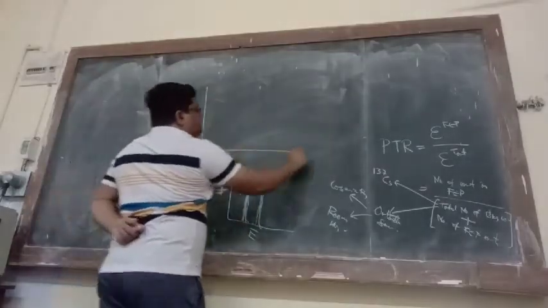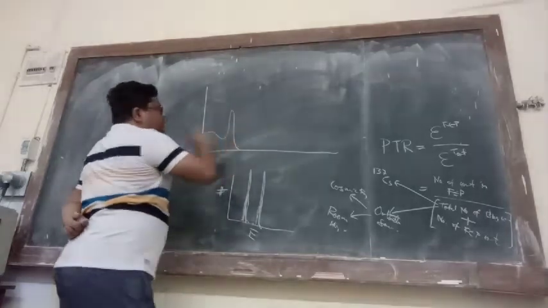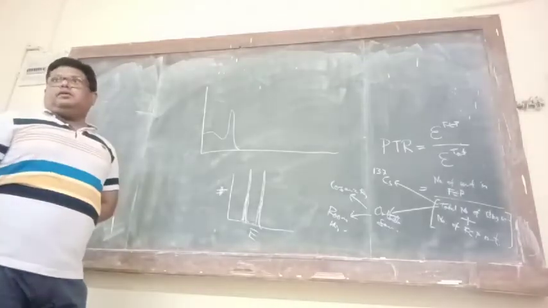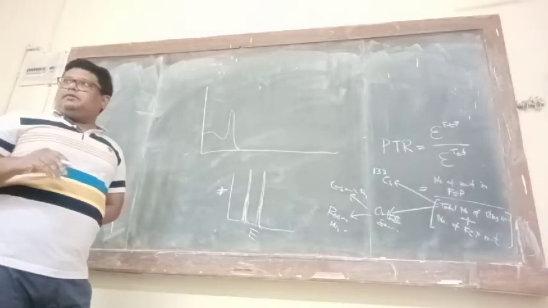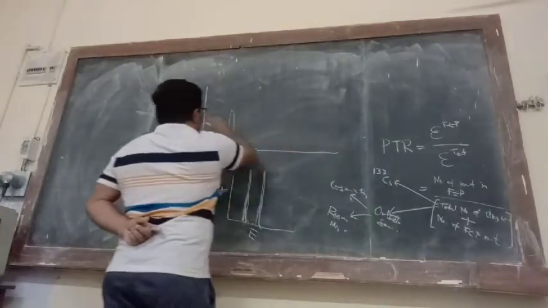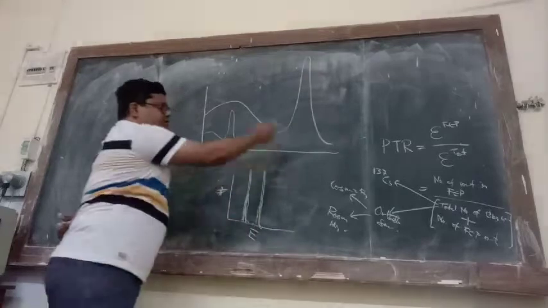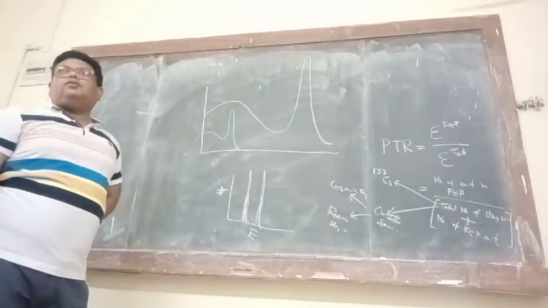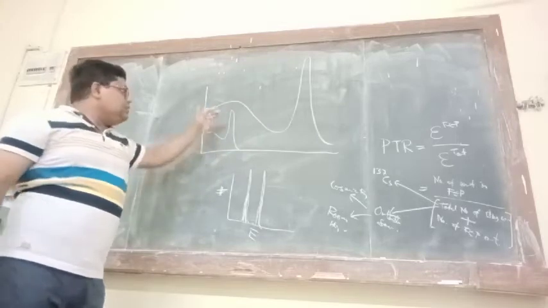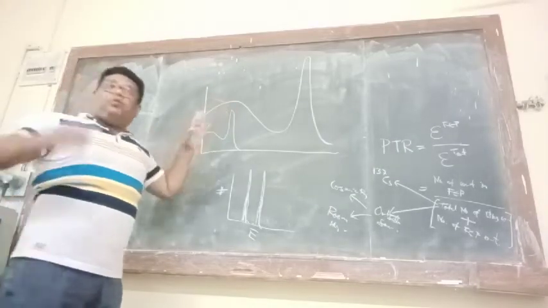Suppose this is what I am getting from a single gamma ray. Now in this spectrum there is yet another gamma ray, and that gamma ray has a huge background like this, and its energy is also very different. As a result, this will just get overwhelmed under the background of the other.